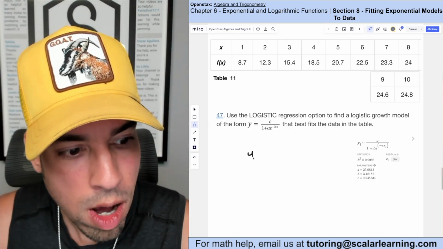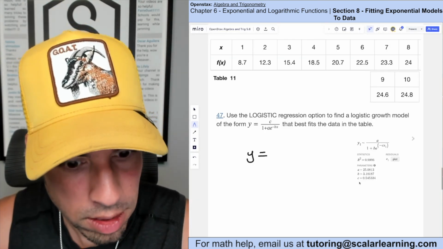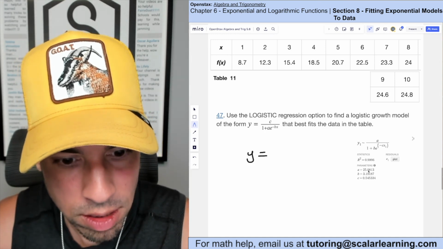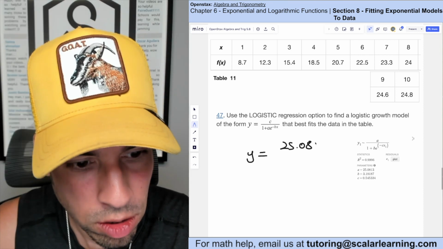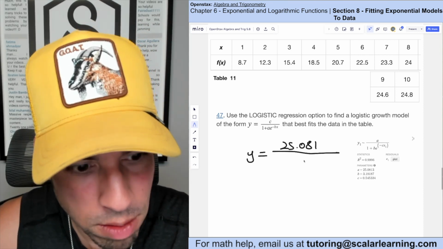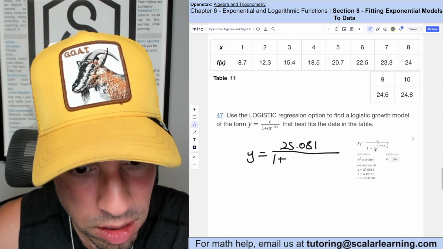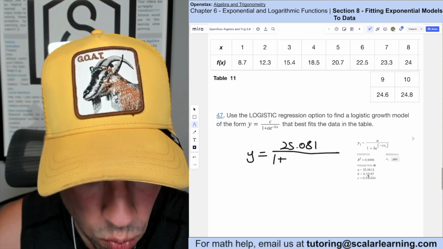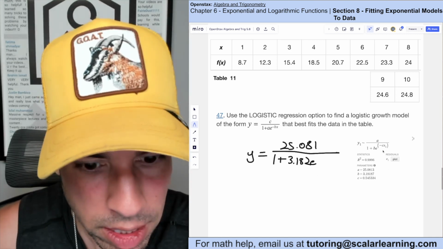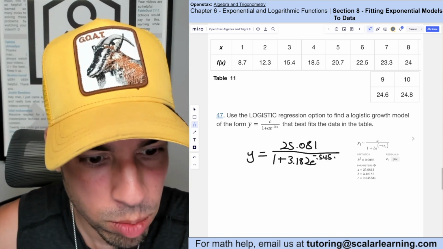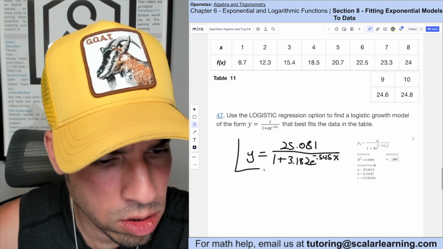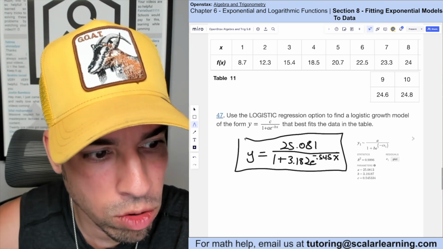So we get y equals, and then that first value on top, in our case it's a, is 25.08, rounded to the nearest thousandth, over 1 plus, in our case it's b, which is 3.182, times e to the negative c, which is 0.545, times the variable x in this case. So there's the logistic function model for this data.